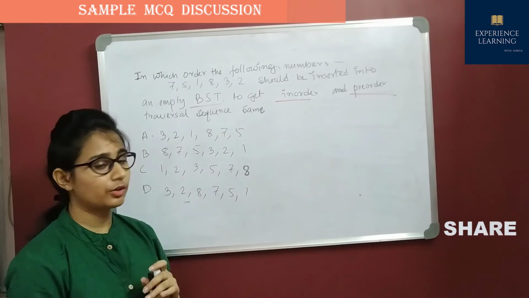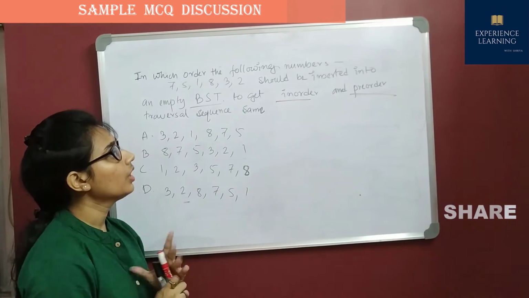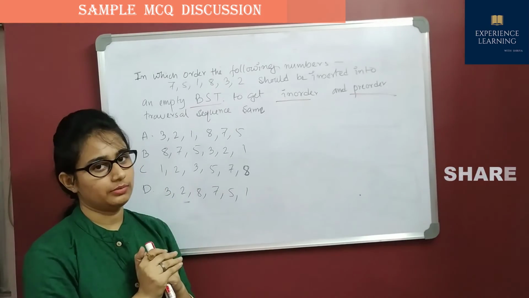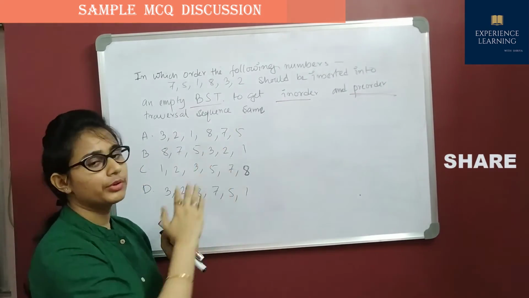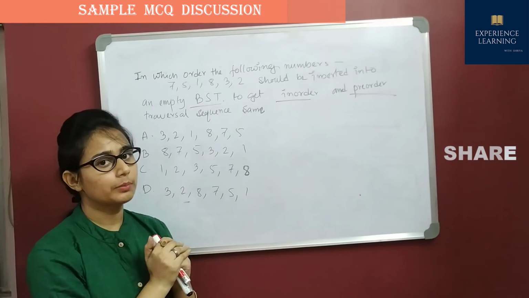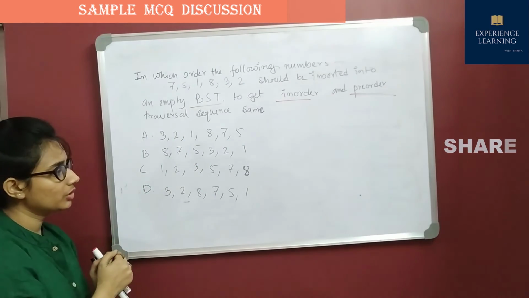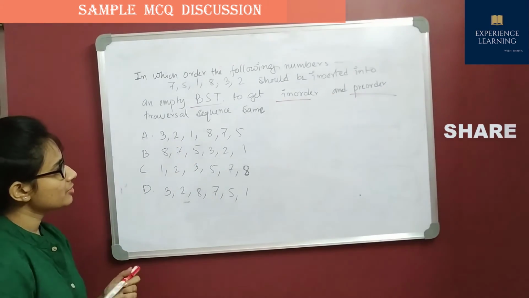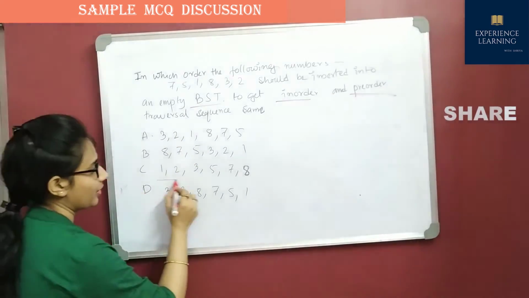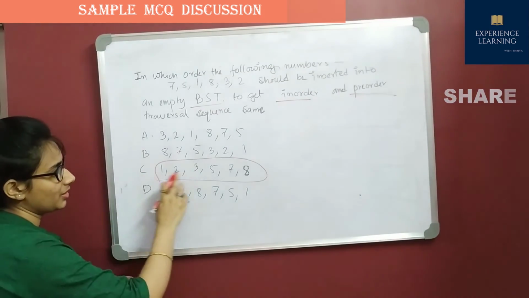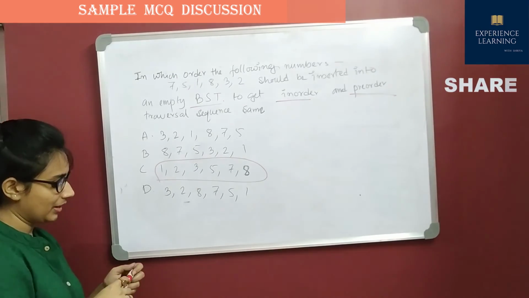And remember that in this kind of question, always the tree will actually be the skewed tree. Otherwise, in-order and pre-order traversal sequence will not be the same. So find out which one can be the skewed. First of all, this can be the in-order traversal, because here it is in ascending order.